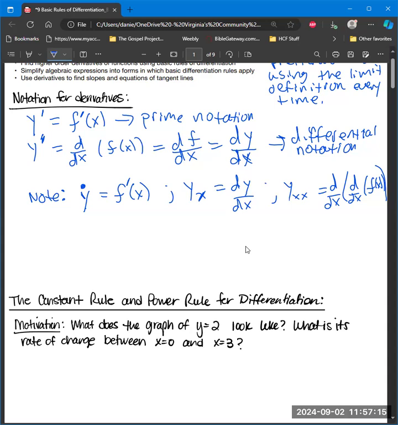I mentioned it last time that it has this curly d like that that looks more like the lowercase Greek letter delta.